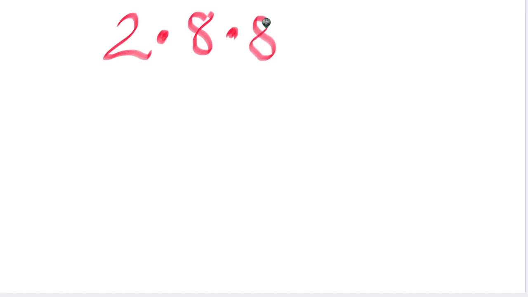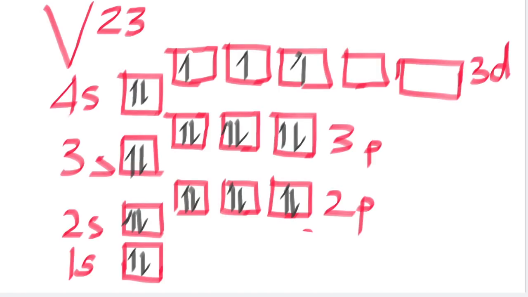And we're quite familiar with things that go beyond argon, like 2, 8, 1 is potassium, and 2, 8, 2 is calcium. But going beyond that to something like vanadium, which you see here. And vanadium, if you notice, has 23 electrons to fill in.